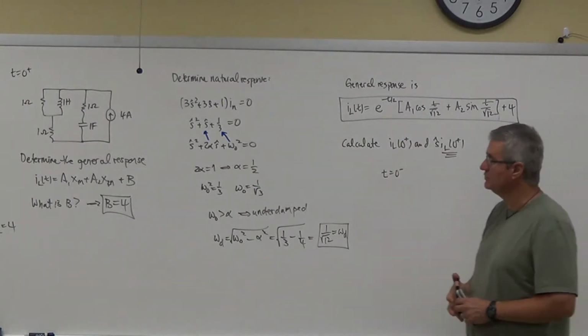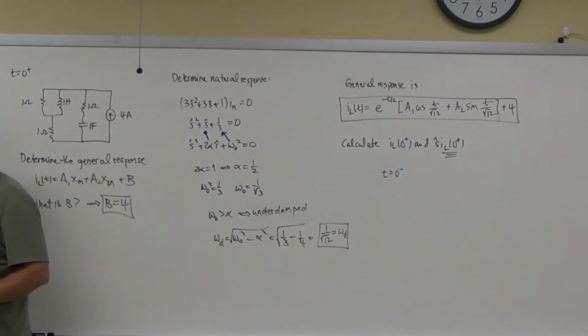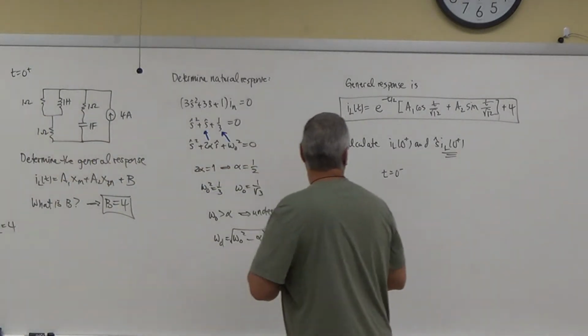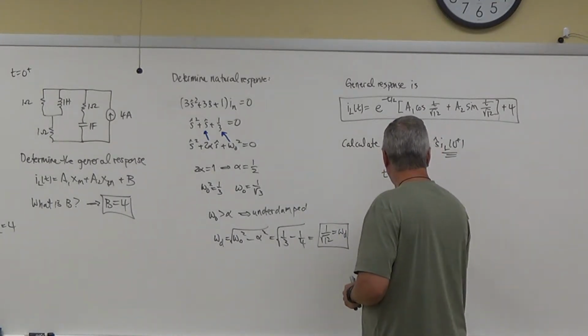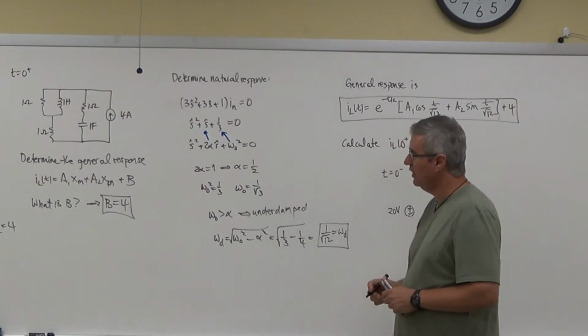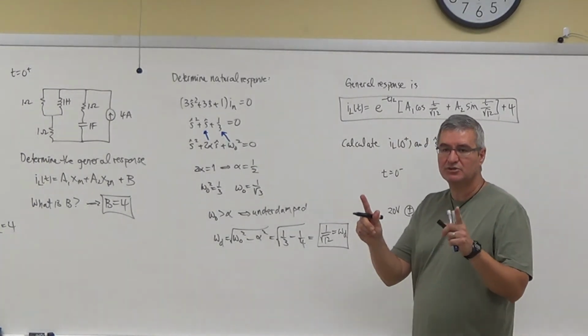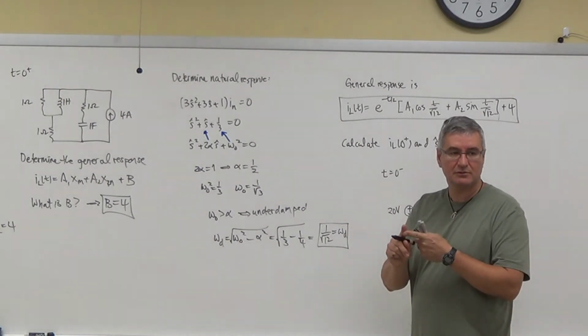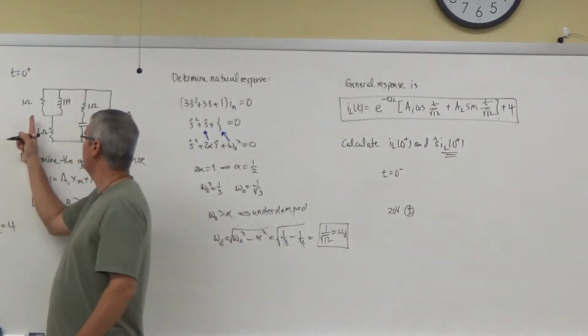So here we go. When I look at the circuit, you can see that I get that 20 volt source right here. I'm assuming steady state now, of course. In steady state, note that the 1 ohm is parallel to the inductor, so what happens? It shorts it out. So there's no 1 ohm right here.